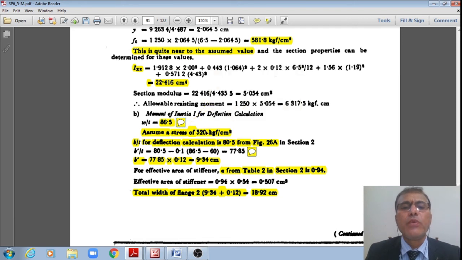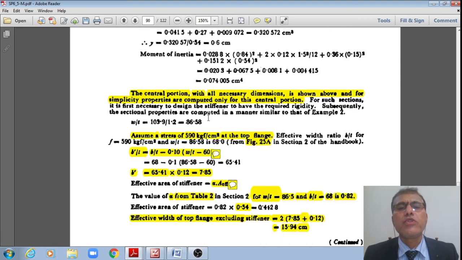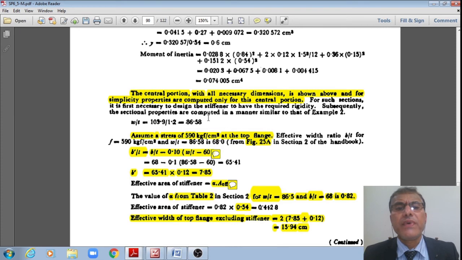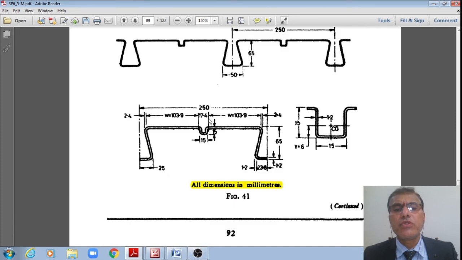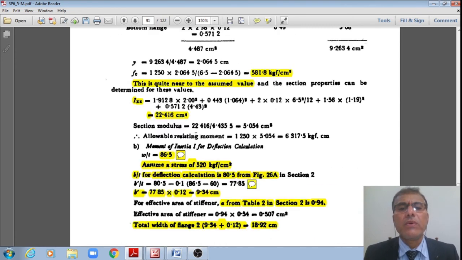Therefore, assuming a lesser stress: in the previous case, we assumed approximately 590, and I'm now assuming a lesser value of say 520. Therefore, the B by T for deflection calculation is 80.5 for this W by T.